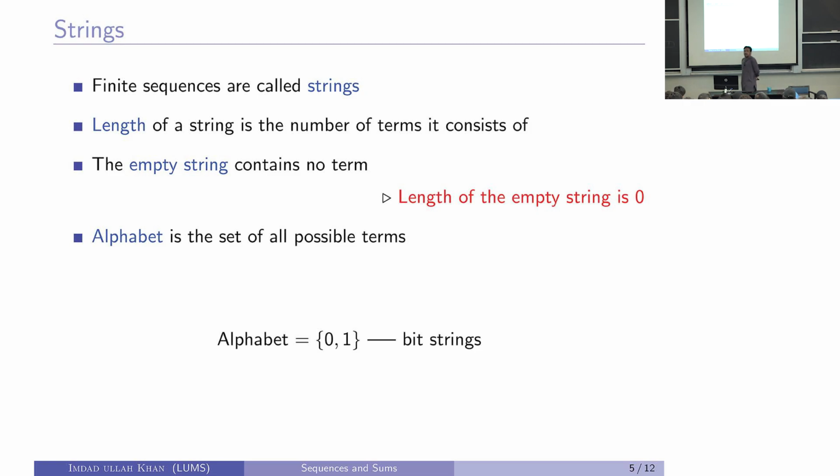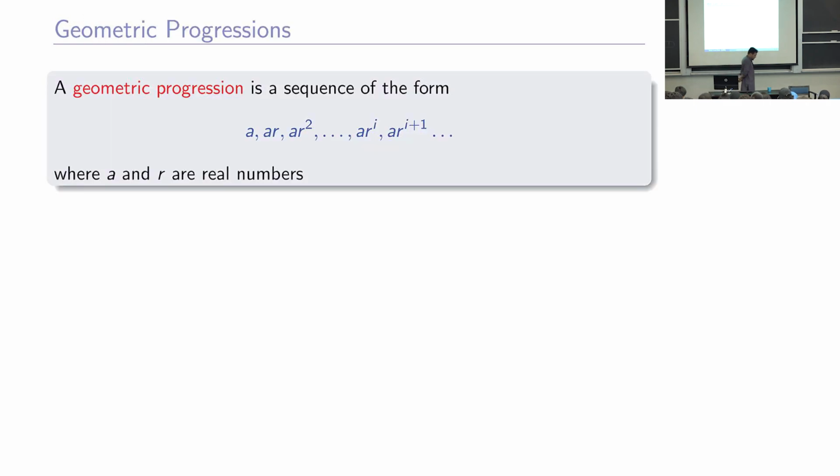A geometric progression is a sequence. Okay. So a geometric progression is a sequence of this form: a, a times r, a times r squared, a times r cubed, a times r to the 4.